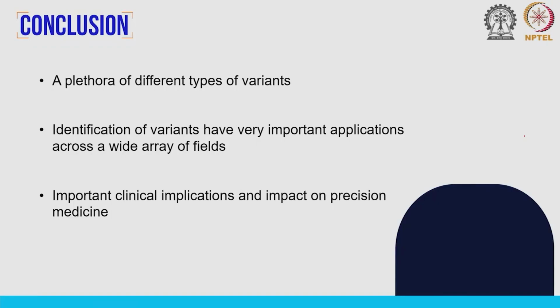So, we have shown you that there are different applications, and we have very briefly discussed some of these applications, but I encourage you to go into more detail, read those references, and you will get a better idea of these applications. And we also talked about the clinical implications of this. So, we can apply variant calling for clinical applications such as mutational signatures in cancer or disease gene discovery for genetic diseases.